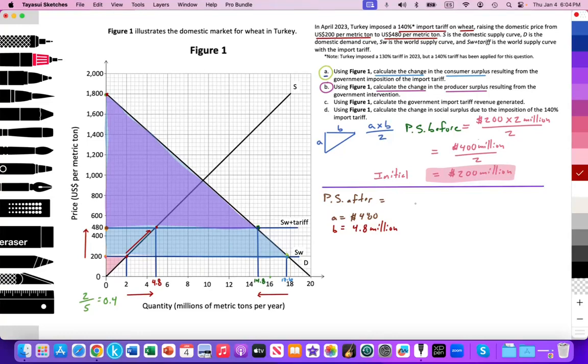So the producer surplus is going to be equal to, I'll use the same colors so we can follow this. It's going to be equal to 480 times, use red again, 4.8 million, and that would be divided by 2.